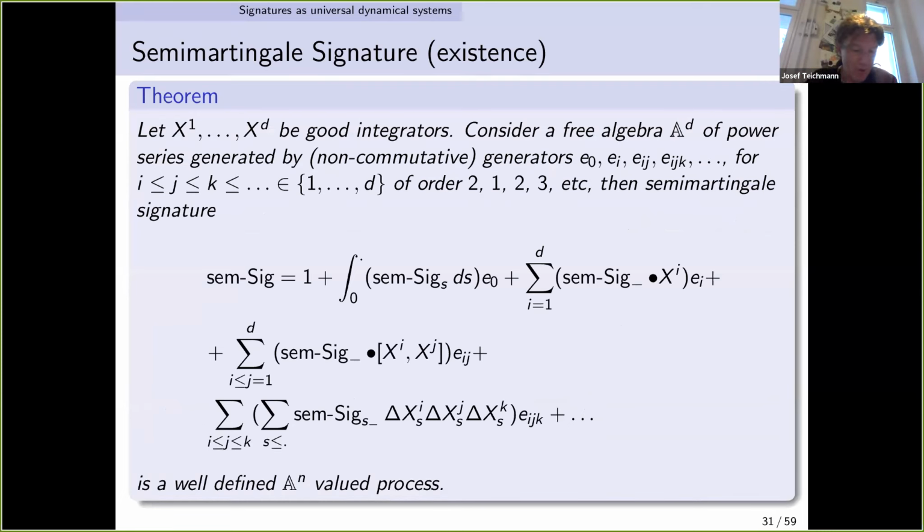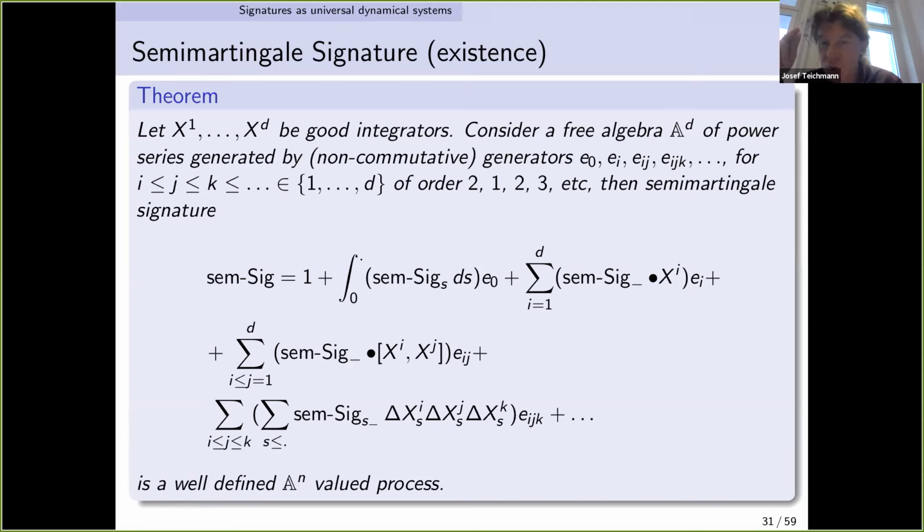Okay, now what is semi-martingale signature? We do the same story as before, but now we write it down right away. So we take X^1 up to X^d. These are good integrators or semi-martingales. We know already that this is the same. We consider an algebra, the algebra A_d of power series generated by non-commutative generators E_0, E_i, E_ij, E_ijk, which have all different orders.